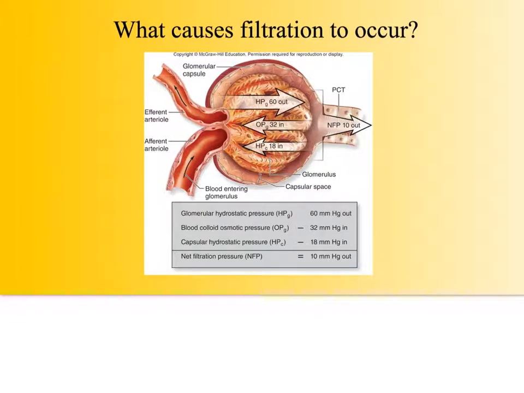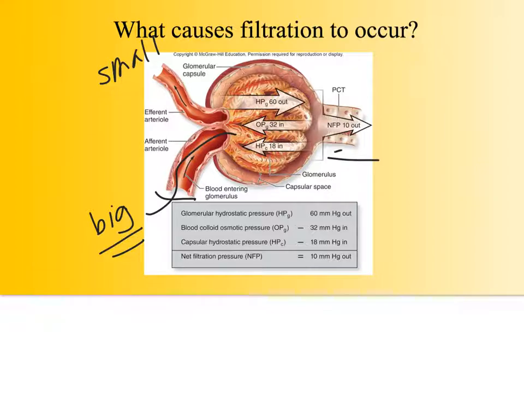Now, what causes this to occur? The filtration occurs because of differences in the pressures. The afferent arteriole is bigger; its diameter is bigger than the efferent. Essentially, that guarantees that more blood is coming in than is exiting out, so it maintains a higher blood pressure in there, the hydrostatic or blood pressure.